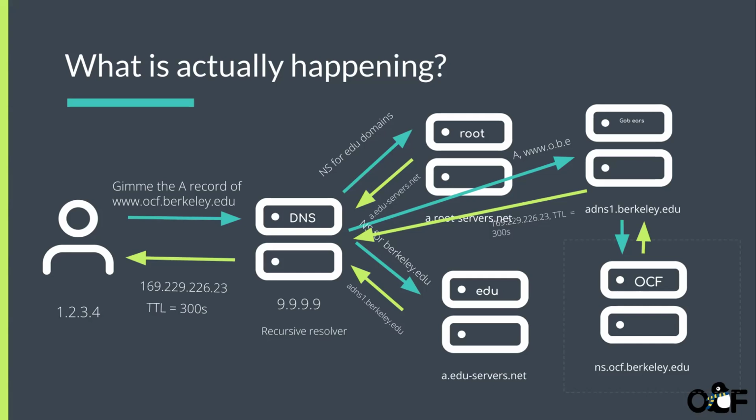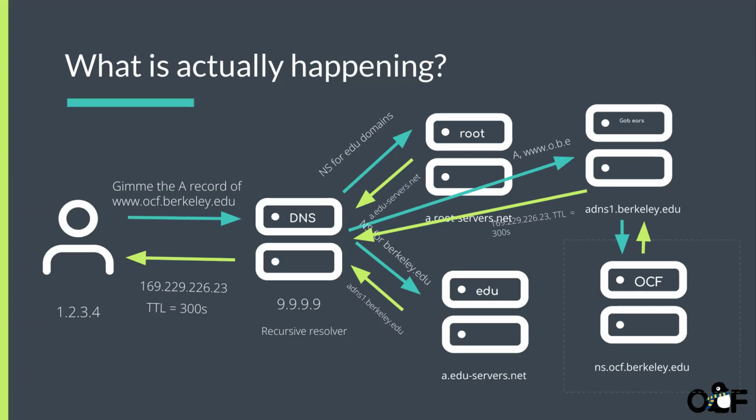What exactly is happening here? Okay. So this recursive resolver gets the edu and then it gets berkeley.edu. And I think Berkeley actually does something special.